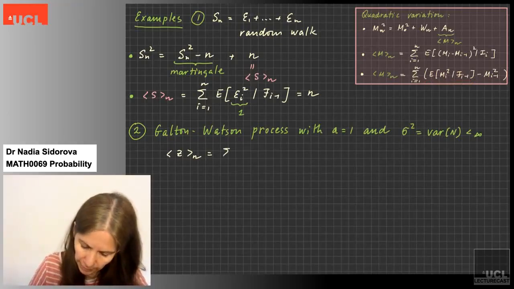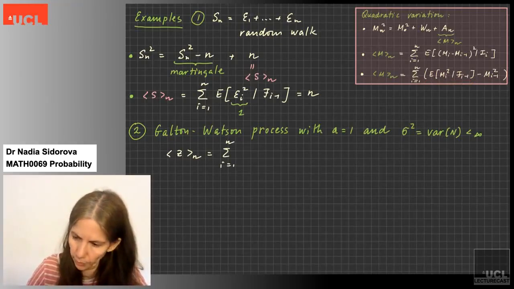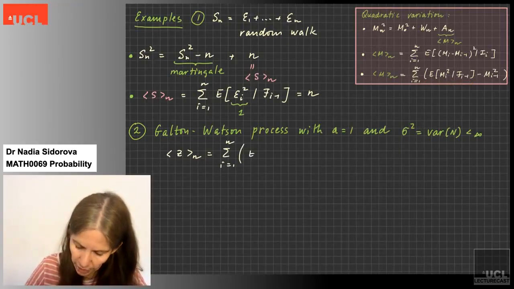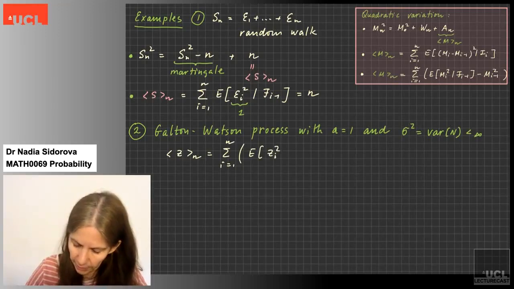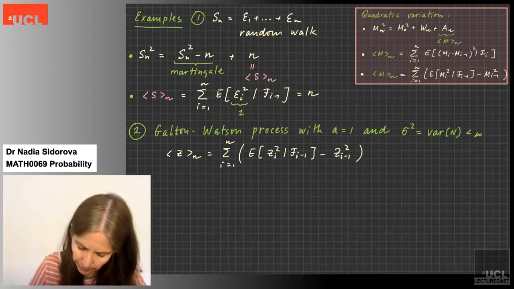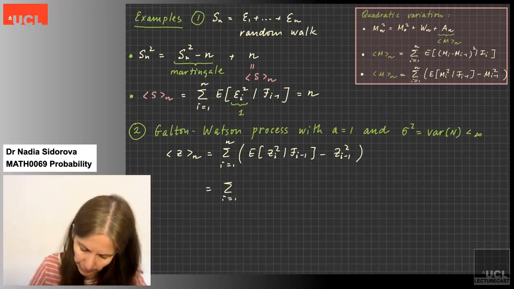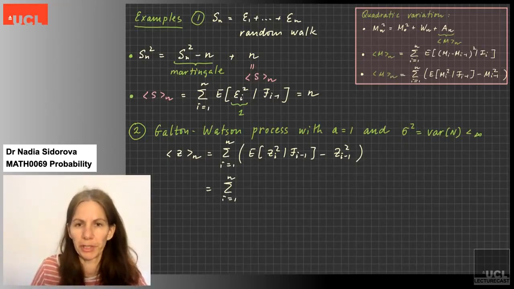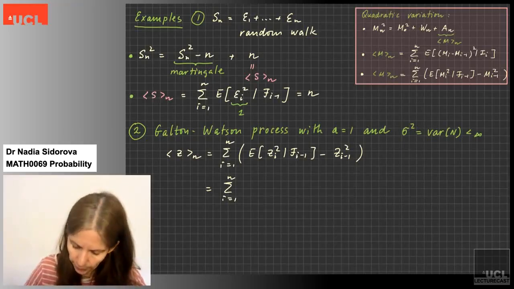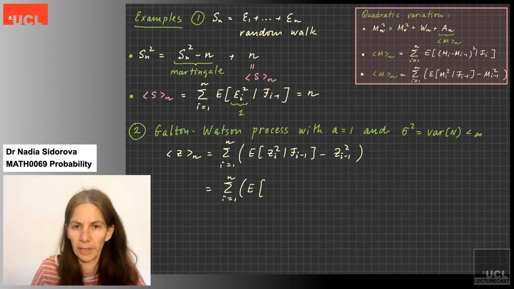So it will be the sum of the conditional expectation of Z_i squared given F_{i-1}, minus Z_{i-1} squared. Now, we assume that we know everything that happened before time i-1, and we can treat it as deterministic. So I will do the following to compute Z_i squared.